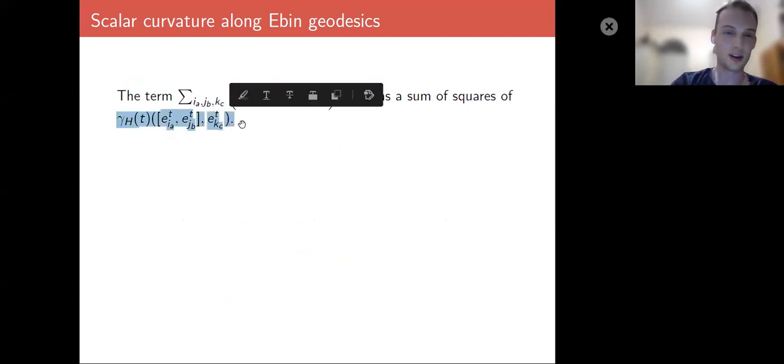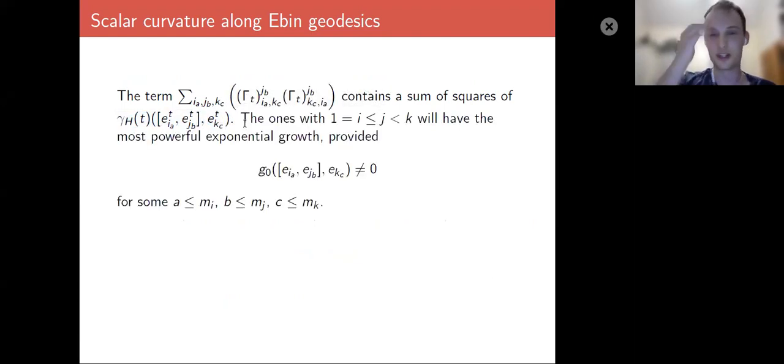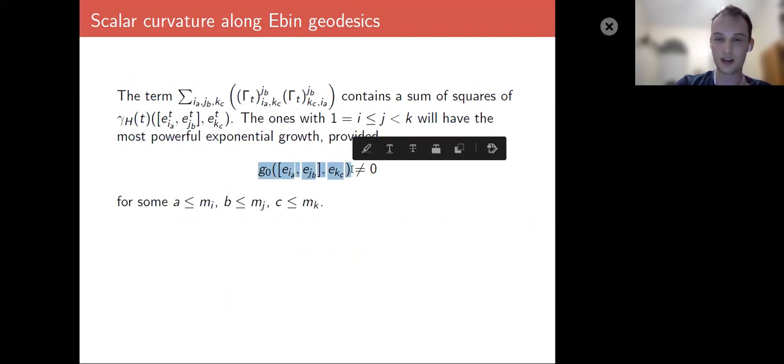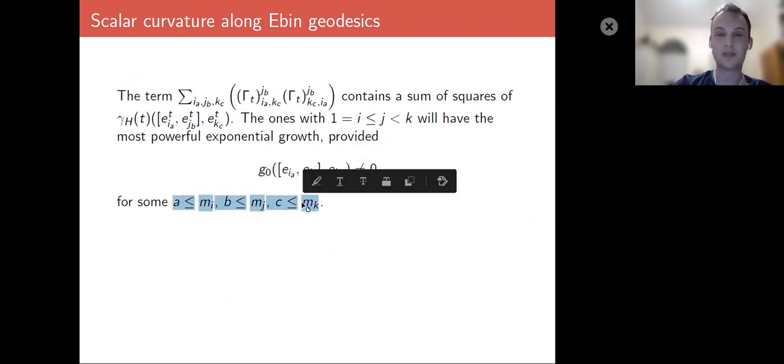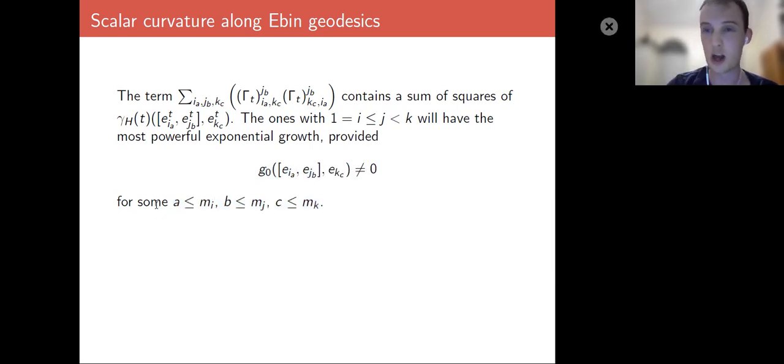And so with a bit of computation, what you can basically do is make the following observation, that provided you have a choice of this thing which is not 0 in a neighborhood, where I, J, and K lie in appropriate blocks, then you are actually going to get convergence of the scalar curvature to -infinity in that neighborhood of P.